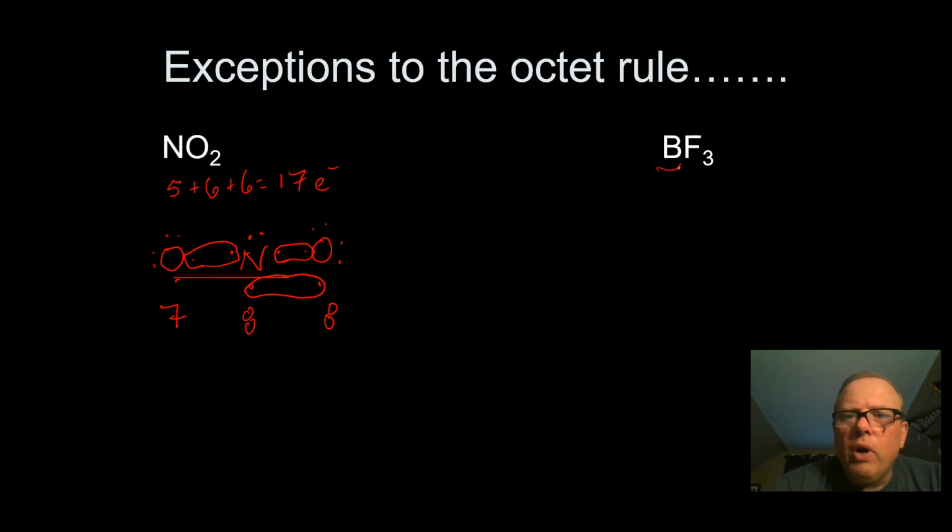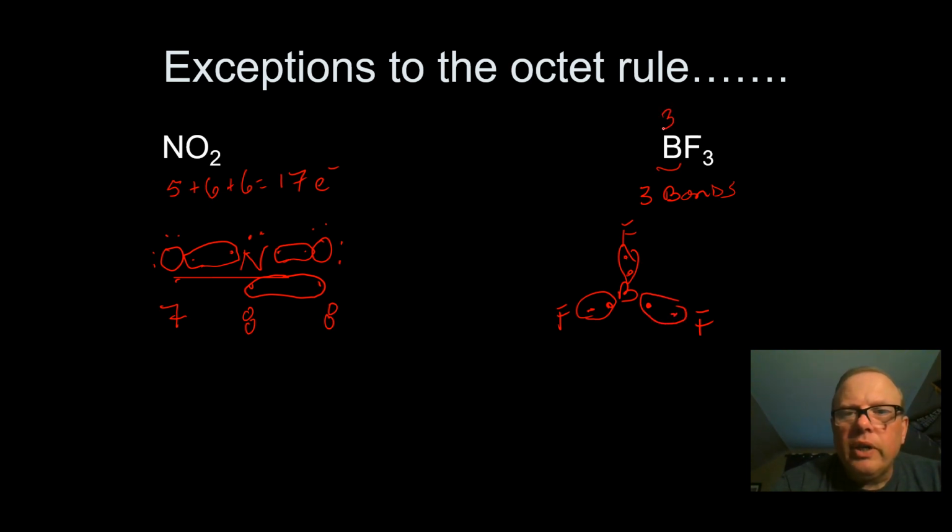Here, boron is always short. Boron only makes 3 bonds. So if we draw boron like this, B, and give it its 3 electrons, we usually do that and kind of make them a Y shape like that, and then we will simply bond it to the 3 fluorines around it, and it will make a set of bonds like this.